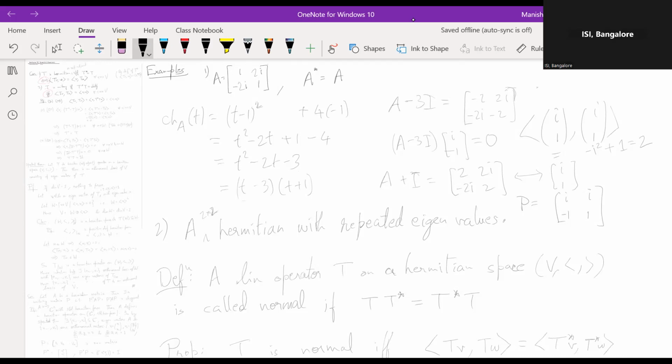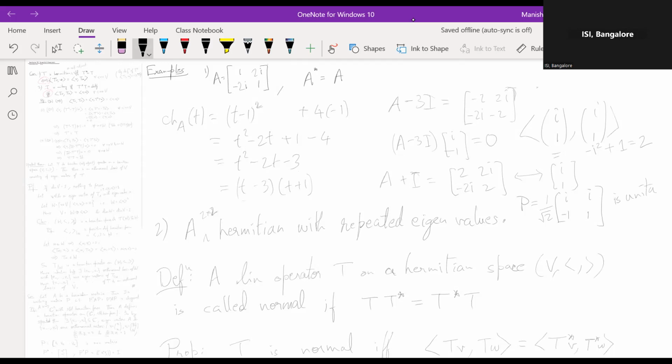So the norm is going to be square root 2, and the norm of (1, i) is also square root 2. So if I divide by square root 2, then it becomes orthonormal, then P becomes unitary.